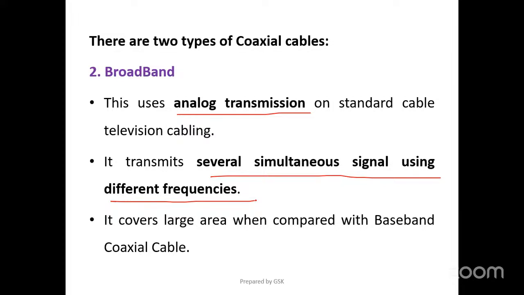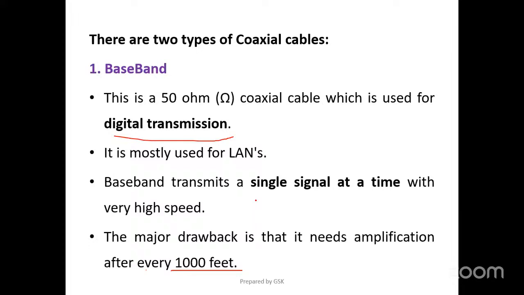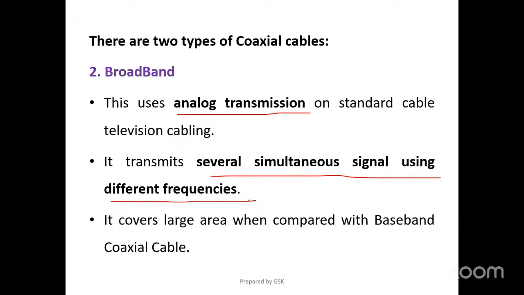But in baseband, what we covered, only a single signal is transferred at a time. Broadband also covers a large area when compared with baseband coaxial cable. Baseband coaxial cable is suitable to cover a small area only, but broadband is used to cover a large area.